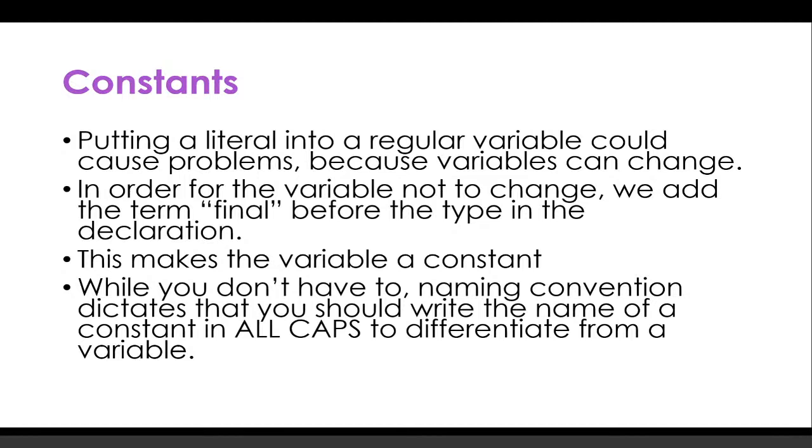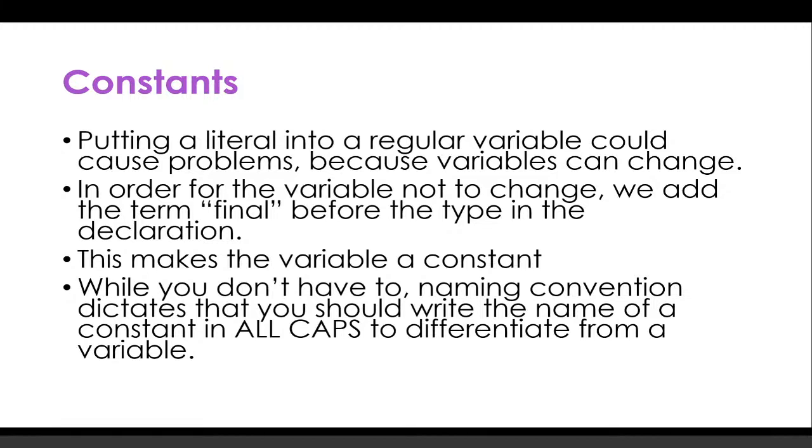In Java, we have something called constants as well, which is something that you might do with a literal. A constant is a variable that cannot be changed. Like we've said, via the process of reassignment, we can take data in and out of that container.